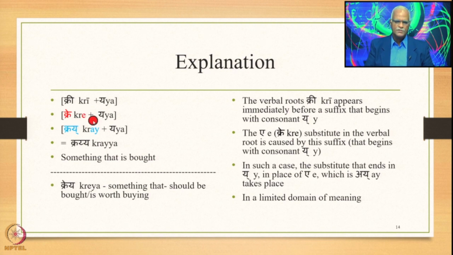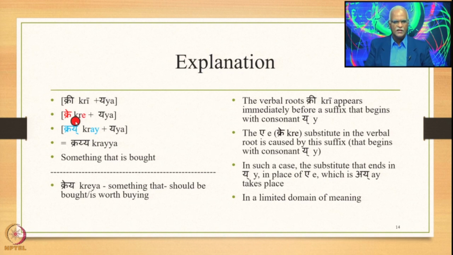Now the derivation process actually stops here, because there isn't any rule which states the substitution aya in place of e at this stage. However, 6182 comes into play and says that substitute this e because this is part of the verbal root kri and a particular meaning is also intended.